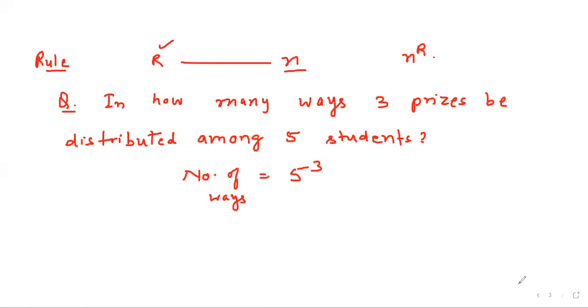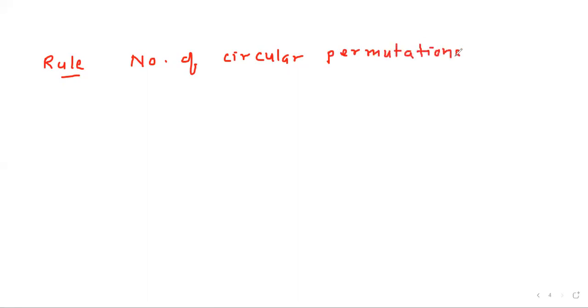Now let's see the next rule. The rule says the number of circular permutations will be equal to n minus 1 factorial if there are n objects, provided they are distinguishable.